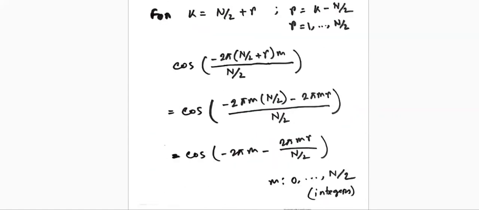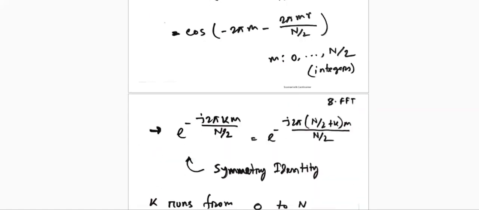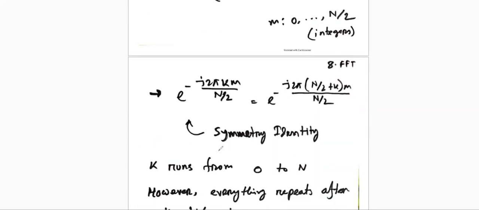Now we can jump to page number 8. That shows the symmetry identity, which means after n by 2 samples, everything looks the same.